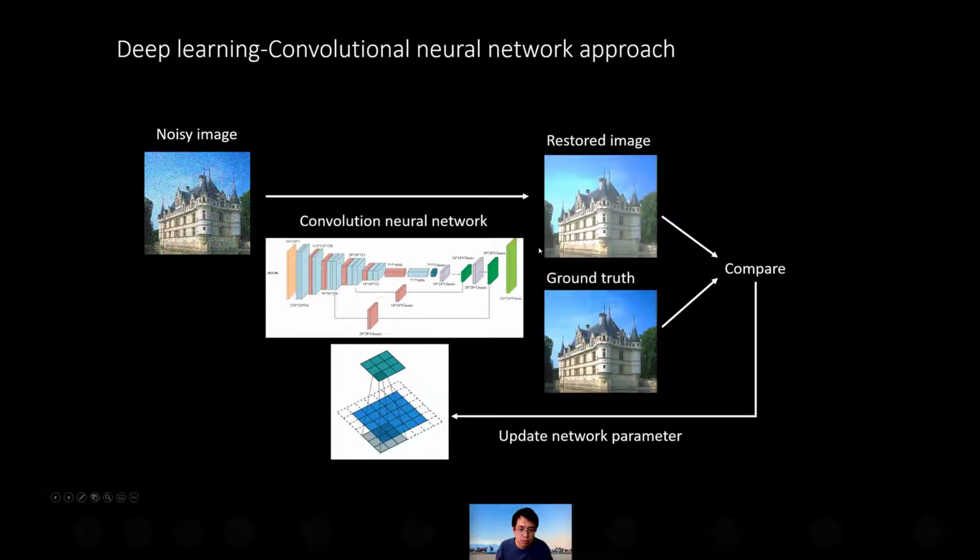Then, by comparing the restored image and the ground truth, the network parameters are updated to minimize the difference between these two images. Then we can repeat this process again and again until the training is finished. Once we obtain a trained neural network, we can then apply it to the data set and evaluate how the neural network works for image denoising.